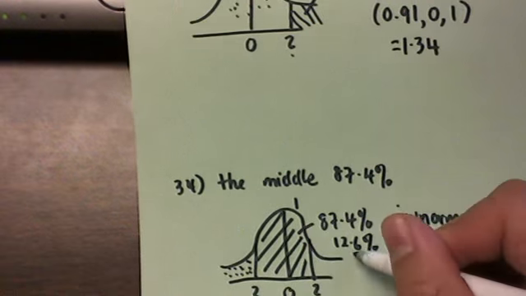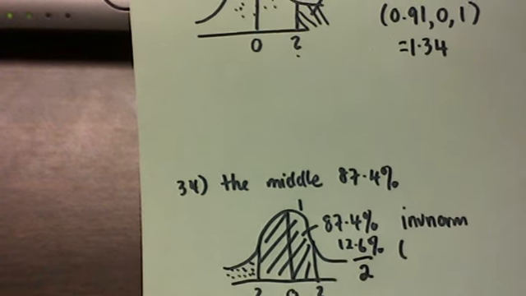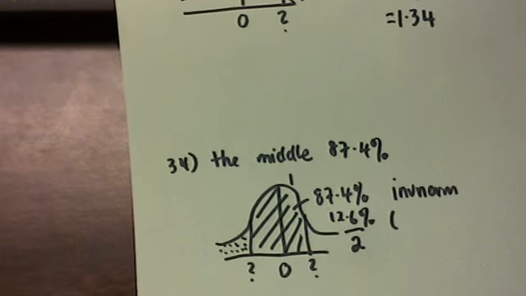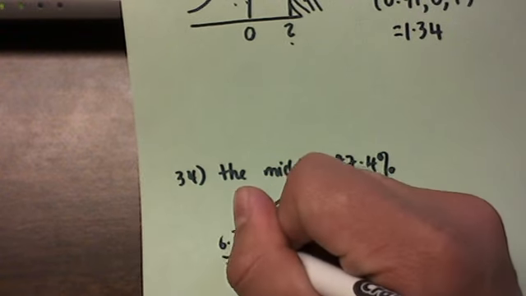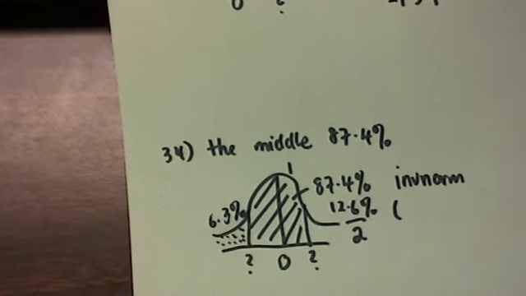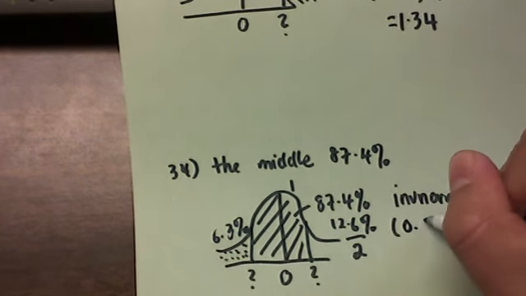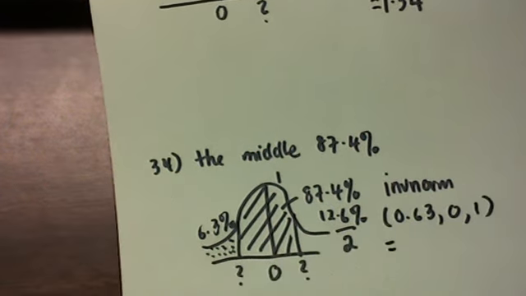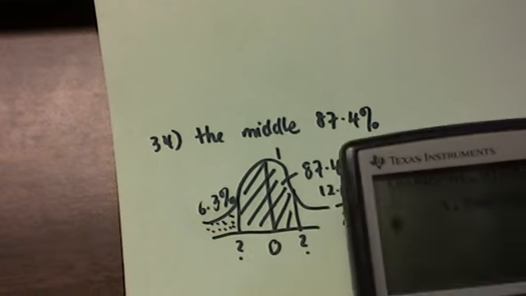Since there are two tails, we have to divide that by 2. So this tail will be around 6.3%. So the inverse normal in this case will be 0.063 with a mean 0 and a standard deviation of 1.